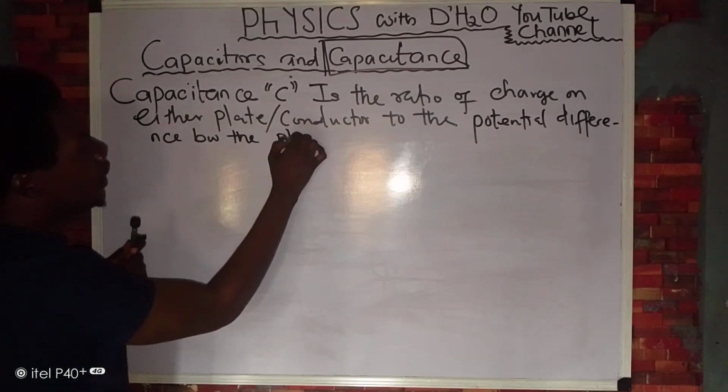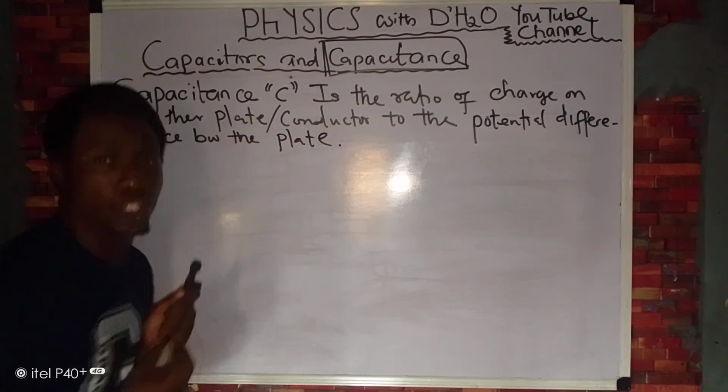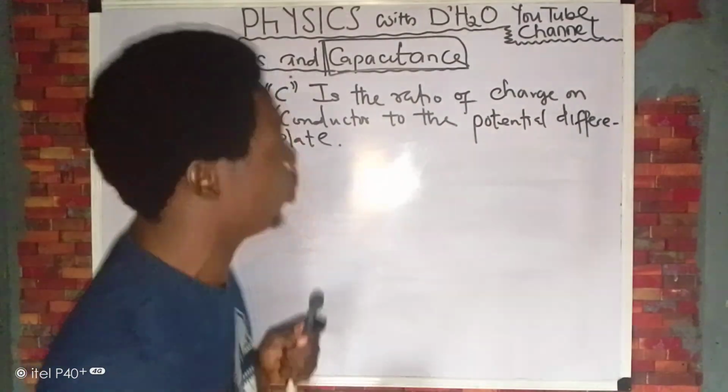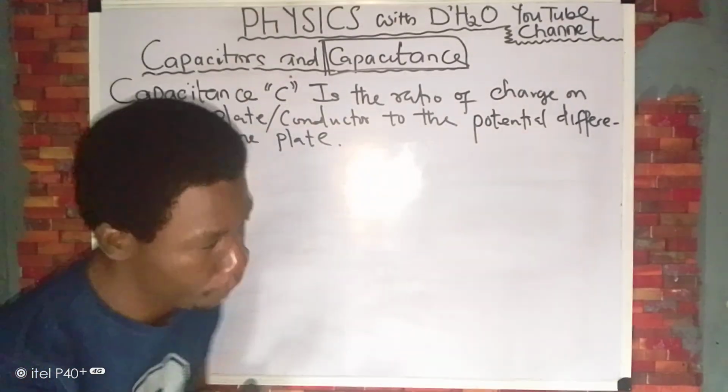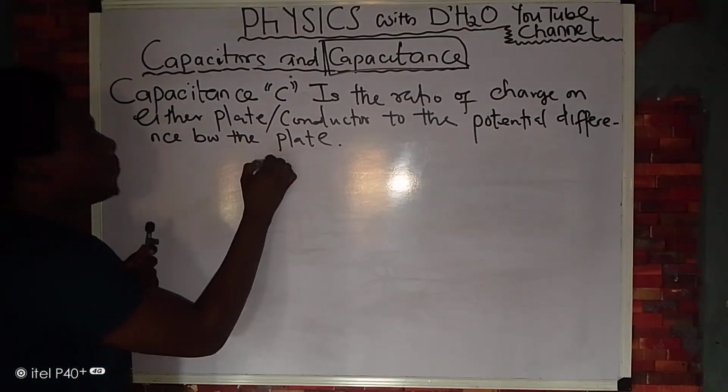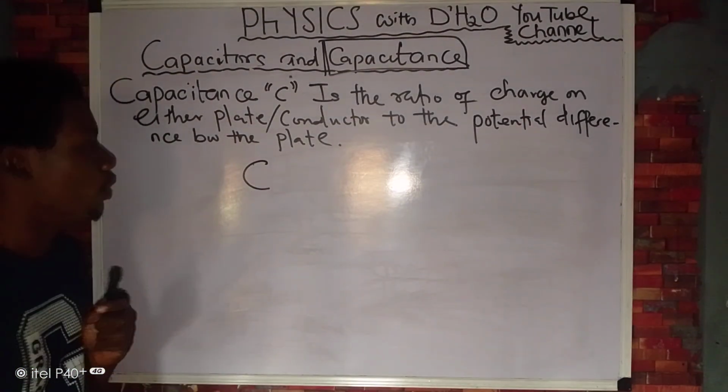Please note it. A capacitance is the ratio of charge on either plate or conductor to the potential difference between them. What is the formula for the capacitance of a capacitor?